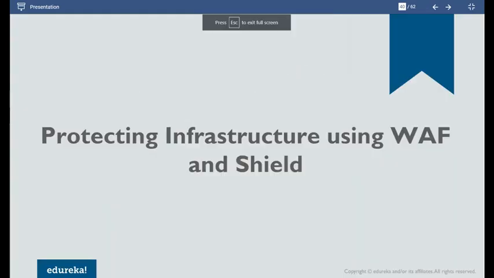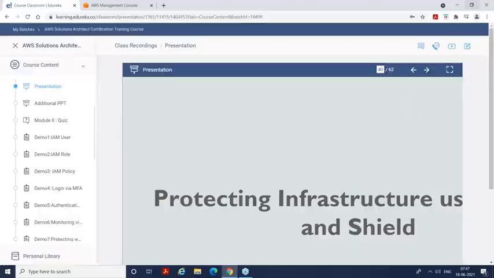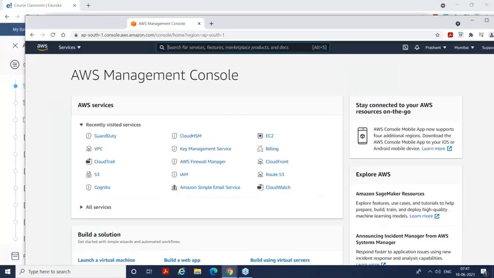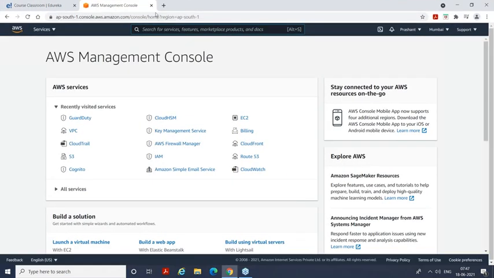Now coming back to your WAF, the next layer, protecting your infrastructure using WAF and Shield. Before we discuss that, I would like to understand from you guys, how many of you understand what is a firewall? Yes or no?